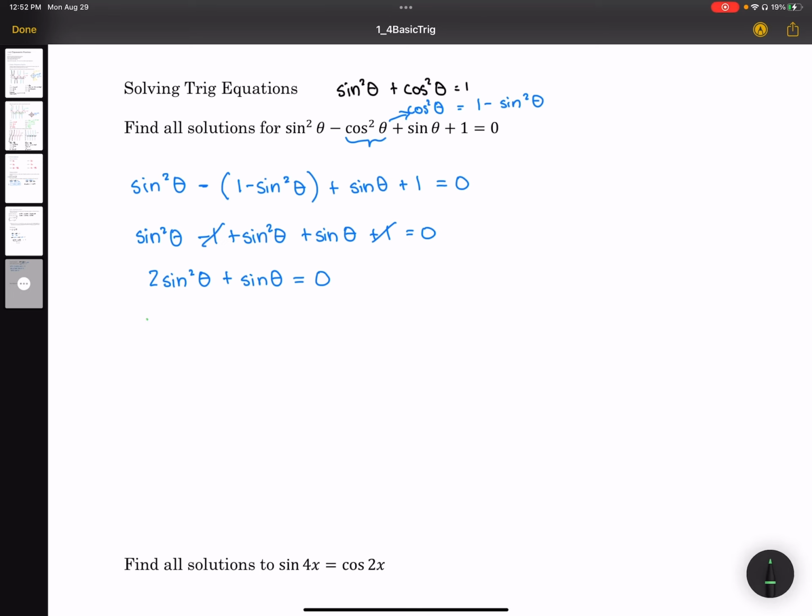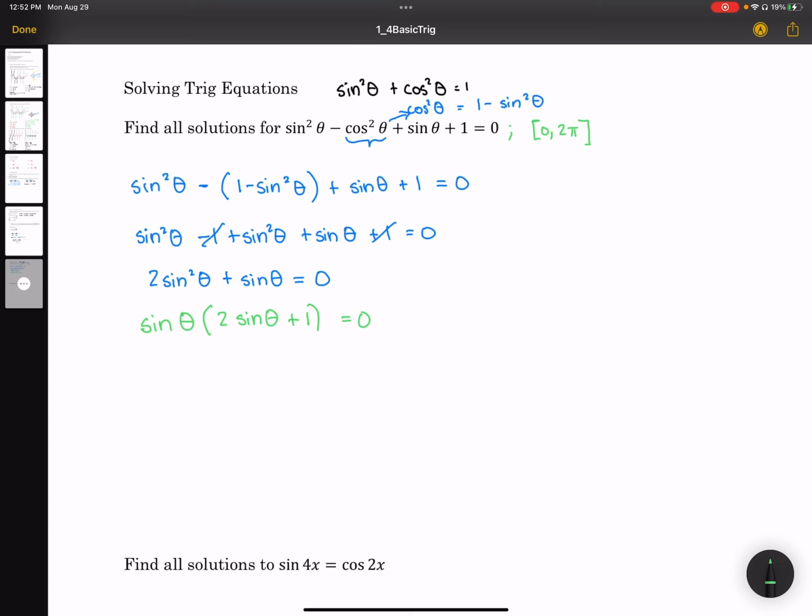That would give us sine theta, multiplied by 2 times sine theta plus 1 equals 0. We'll put an additional restraint and say we're working on the interval 0 to 2 pi, the fundamental period for the sine function. So we're multiplying two things. We have the sine of theta times 2 sine theta plus 1, and that product equals 0.